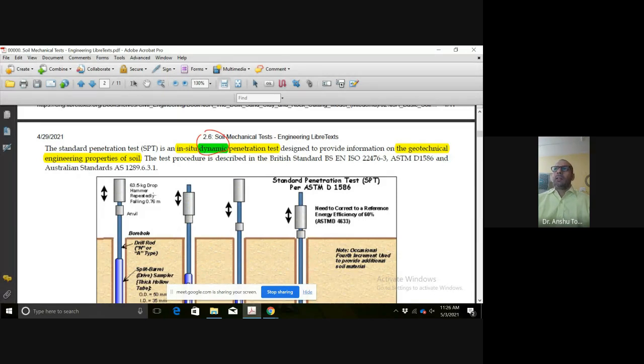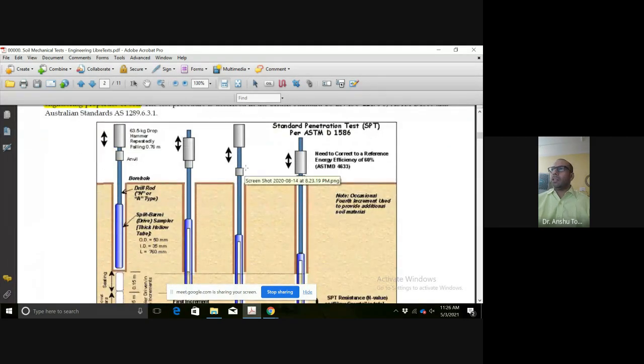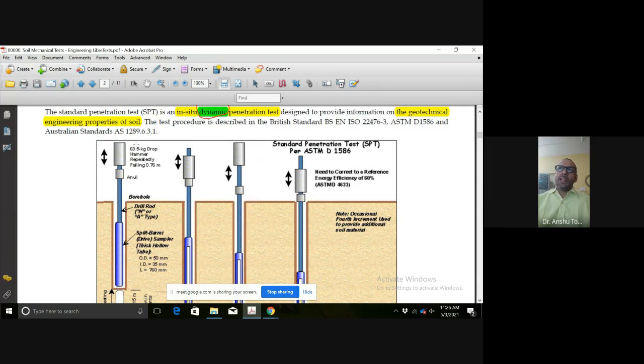The test procedure is described in the British standard, ASTM, Australian standard, and even in the IS standard also. So this is an overall procedure, how it is being done. We have a hammer which is 63.5 kg in weight.